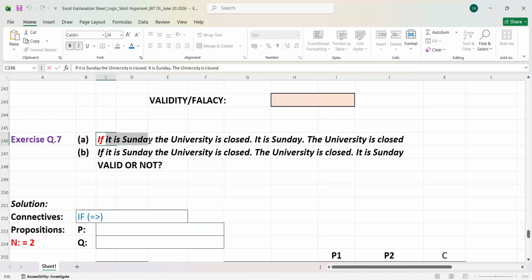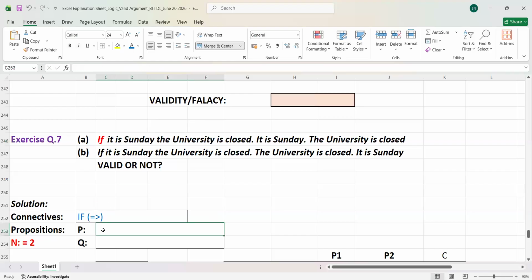It is Sunday is one proposition. The university is closed is also another proposition. If you say it is Sunday, the university is closed, you have joined two statements. You get it. Like we said, you remember?